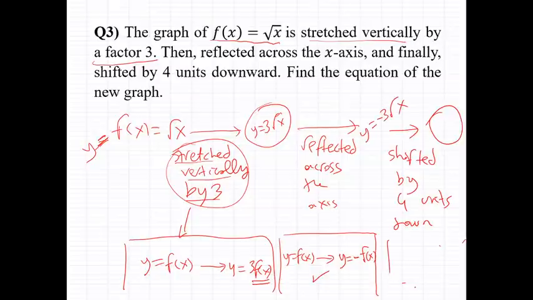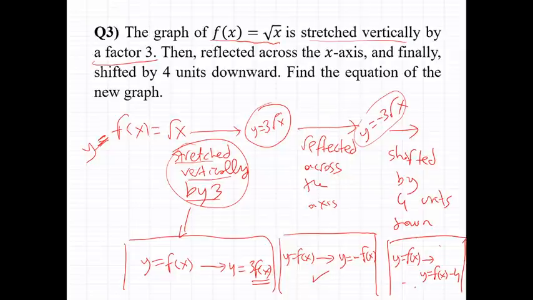Now, what is the last one? The last one is shifting a function 4 units down. So it means y equal to f of x minus 4, if you remember. Your function should be shifted 4 units down.